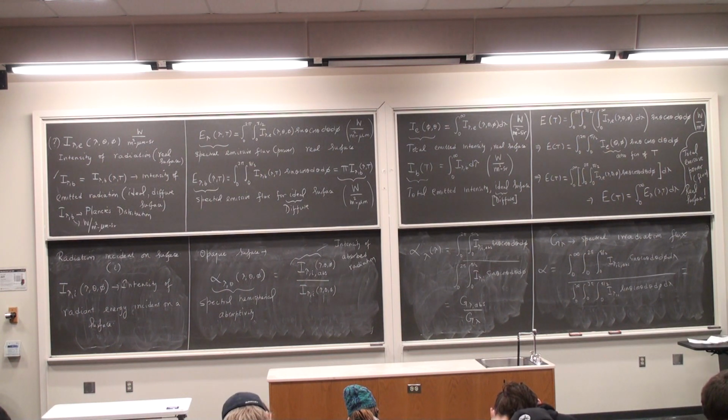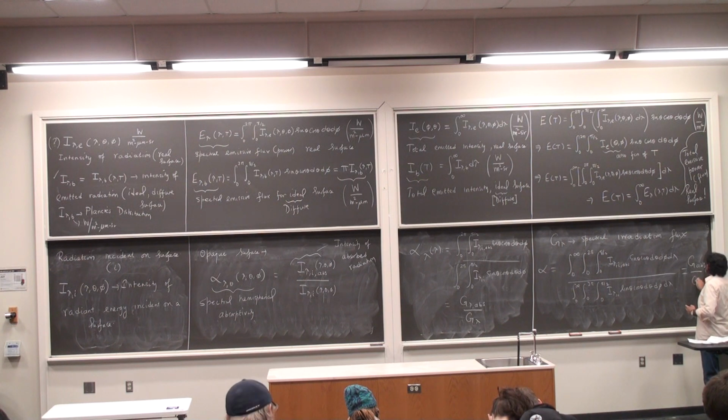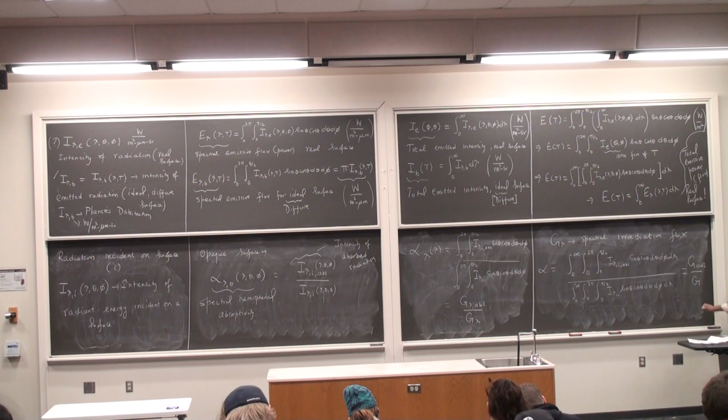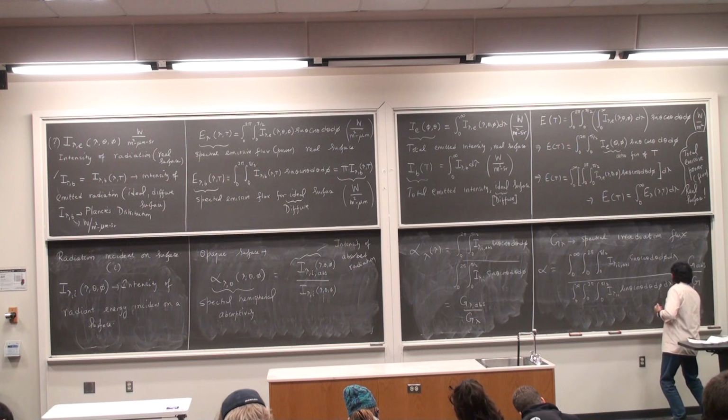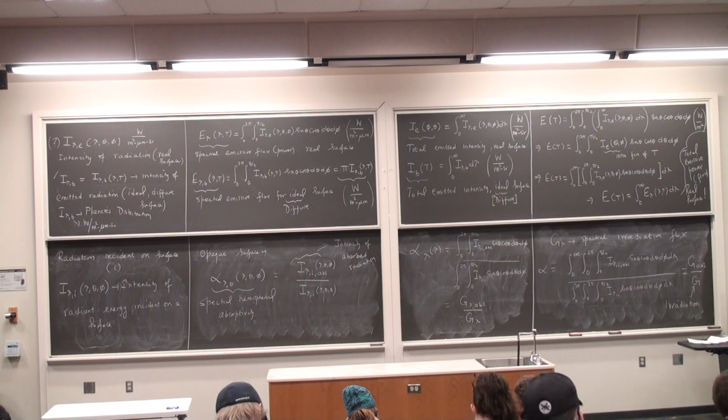And this is what we know as G absorbed by the total G. Capital G is irradiation. G absorbed is the absorbed portion of the irradiation.